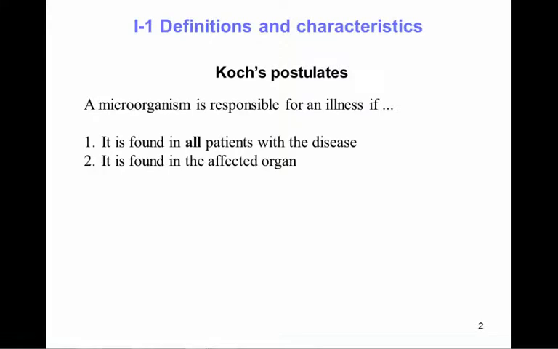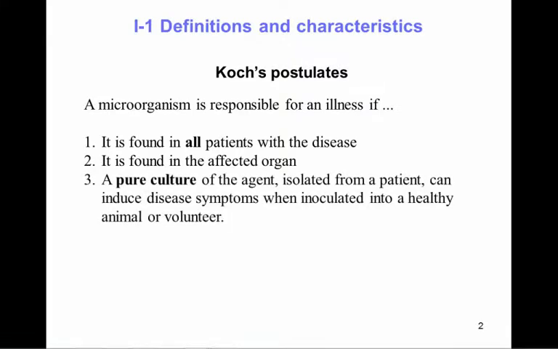So this is why Koch went a bit further. He said, okay, what you've got to do to prove causation is you get a pure culture of the bacterium, you isolate it, and then you inoculate it into a healthy subject, probably an animal, or maybe, who knows, a volunteer, or a criminal condemned to death. I'm not sure that ever happened, but you could imagine that might be the case.